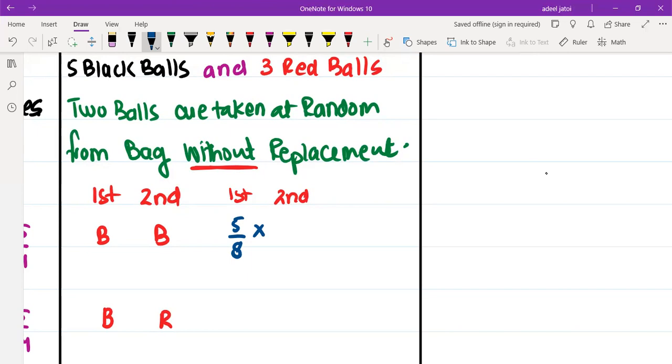So that means total number has been changed by 1. We had 5 black balls, now we will be left with 4. We had 8 in total, now we'll be left with 7. So if I pick the second black ball, how many black balls am I left with? 4 out of 7. So this should be 20 upon 56.